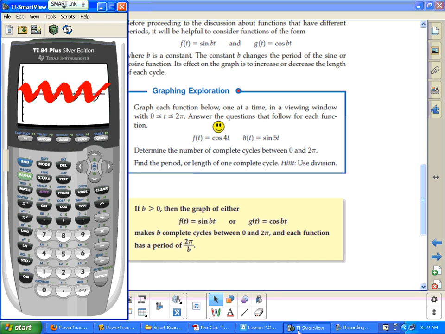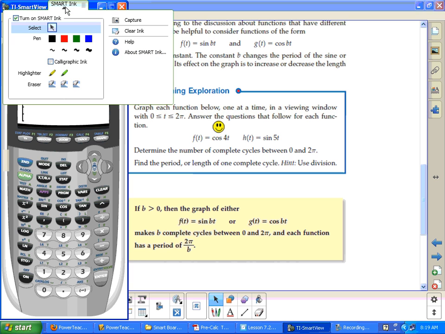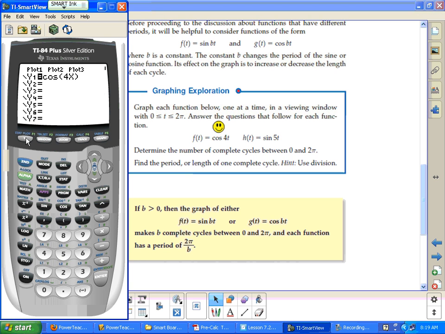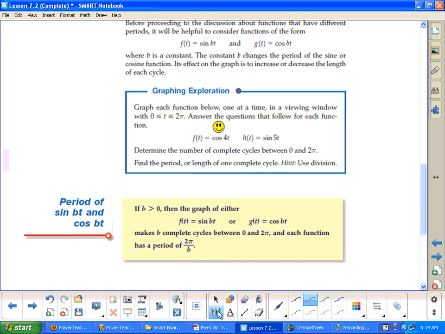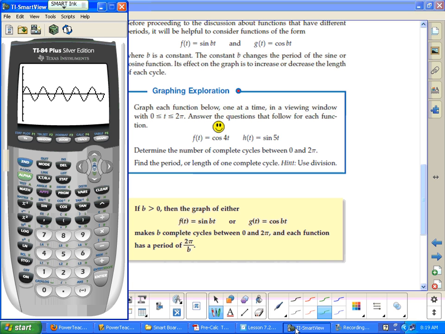All right, now let's do the sine of 5t. Since sine starts in the middle, and it goes up, down, and back to that starting point once, twice, 3 times, 4 times, and 5 times.